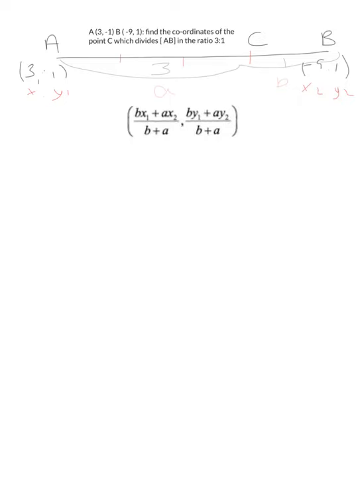It's going to give me B times x1 first. B times x1 is 1 times 3, plus A, which is 3, times x2, which is 3 times minus 9, all over B plus A, which is 1 plus 3.